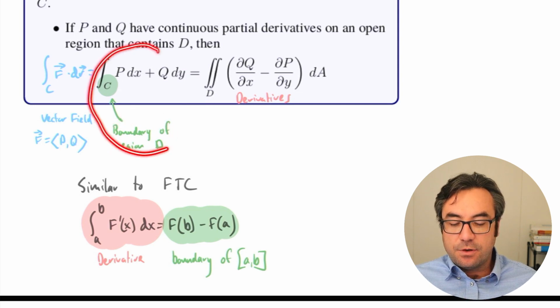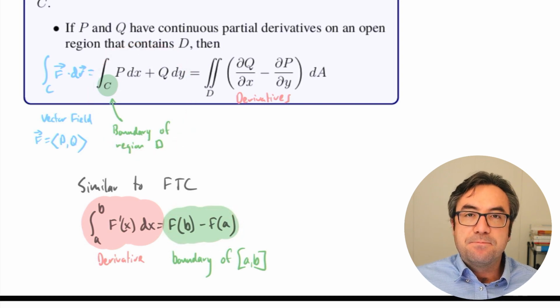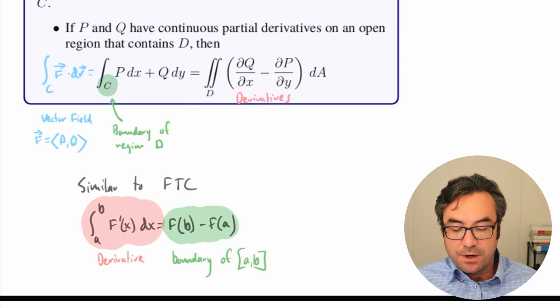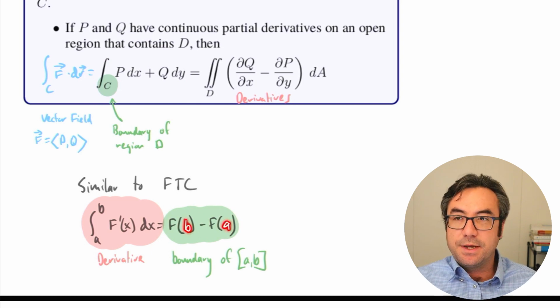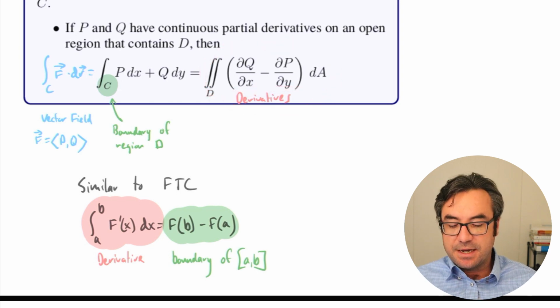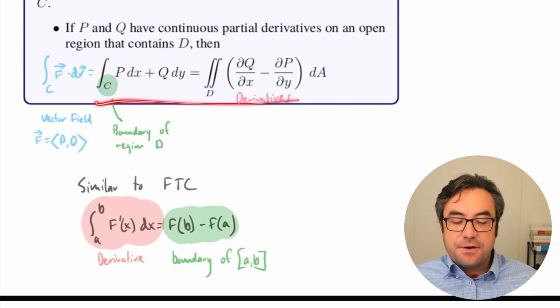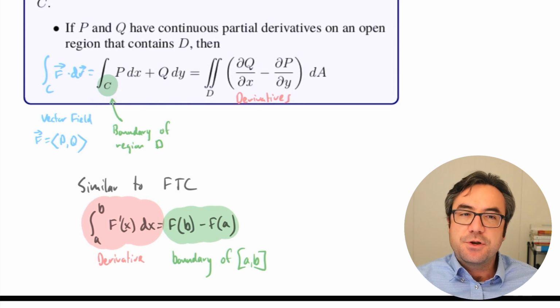The line integral of our vector field is taking the place of the antiderivative where we evaluate at the endpoints. And this double integral of these partial derivatives is taking the role of the definite integral in this case. So this is a fundamental theorem of calculus, but for double integrals.